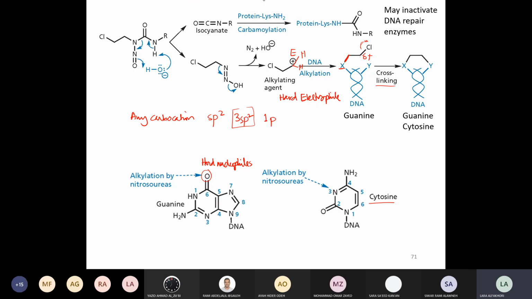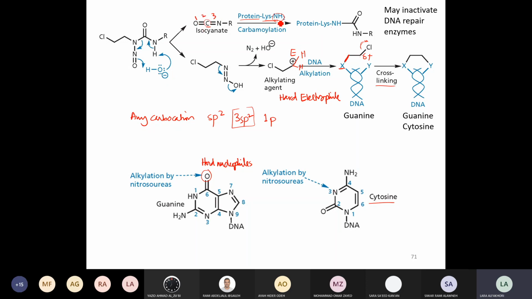Now the isocyanate, as I have mentioned, has an electrophilic carbon, and they found that this carbon may interact with nucleophilic residues in proteins, such as the amino group of lysine. That leads to an attack from this nitrogen on the carbon. Let me number them to keep track: this is 1, 2, 3.